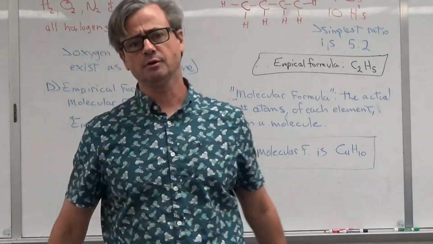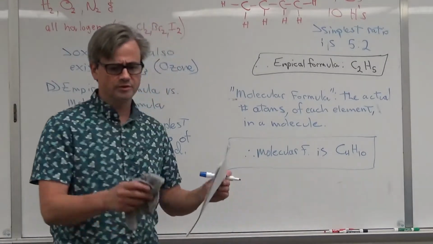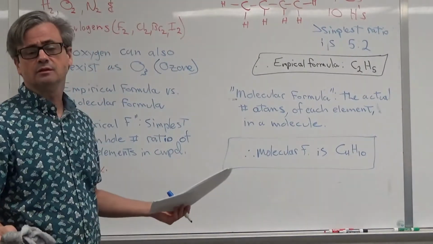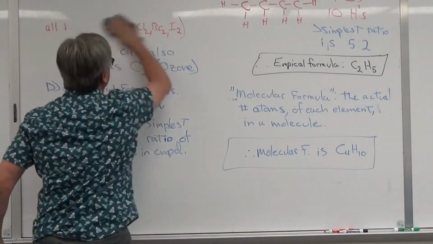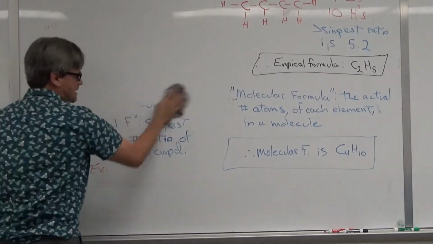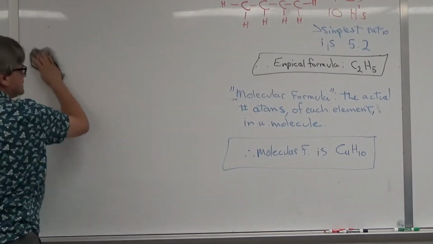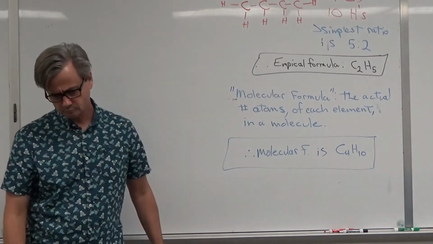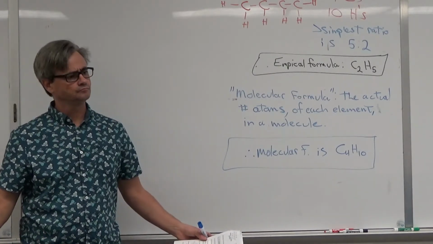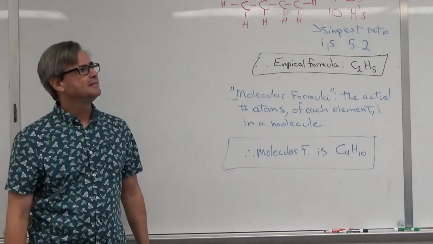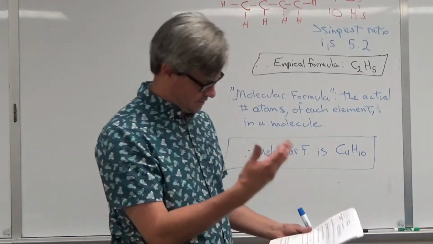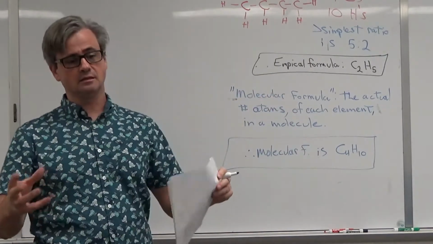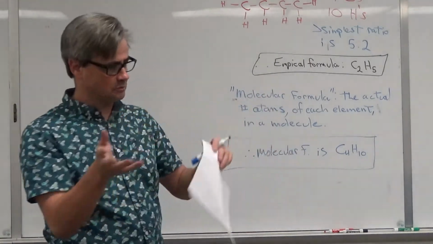Ionic compounds only have an empirical formula, right? Because you remember there's no particular one cation that's associated with one particular anion, so the formula is simply the simplest ratio. Molecules have both, and sometimes the molecular formula equals the empirical formula. If you have ethane, it is C2H. Oh no, that's not a good example. I'll have one here in a little bit where they are the same. The ones that hang around do so in the simplest whole number ratio, so the molecular formula equals the empirical formula.